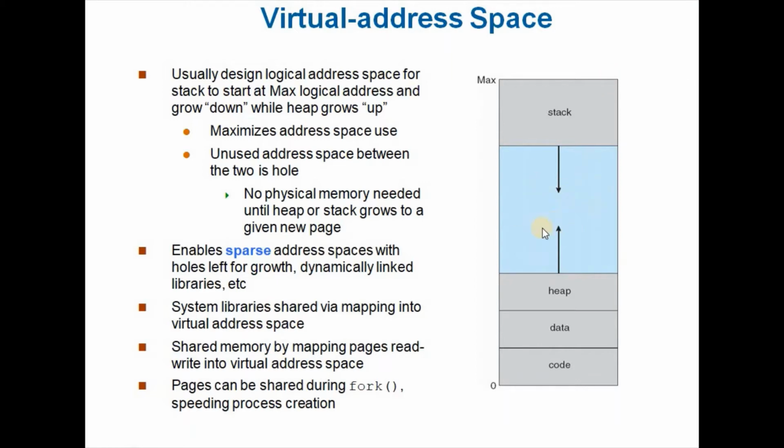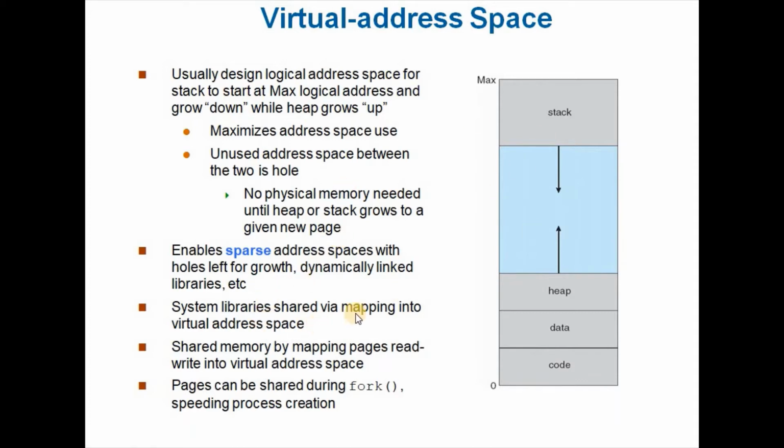So we will use some sparse address space, usually called a hole. It maximizes address space use. The unused address space between these two is the hole. Physical memory is needed only until the heap or stack grows to a given new page. This enables a sparse address space with holes left for growth, dynamically linked libraries, etc.